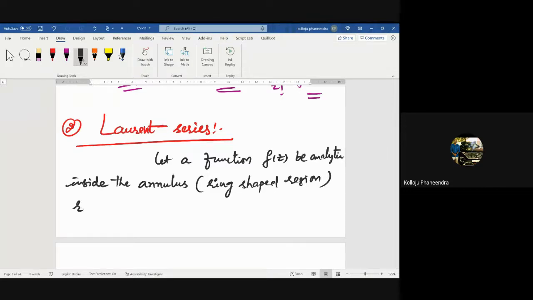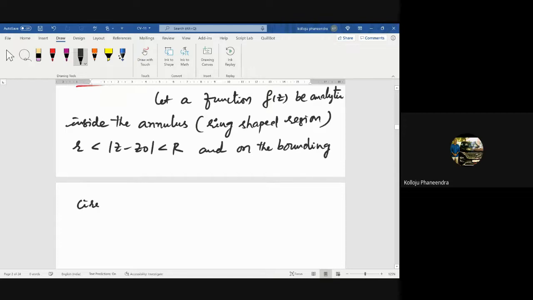Ring shaped region: small r less than mod z minus z naught less than capital R. It is a circle with center at z naught and radius greater than small r and less than capital R, and on the bounding circles as well.